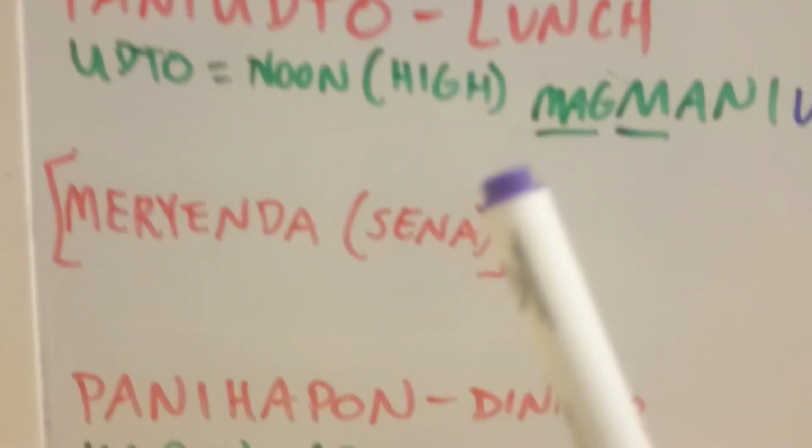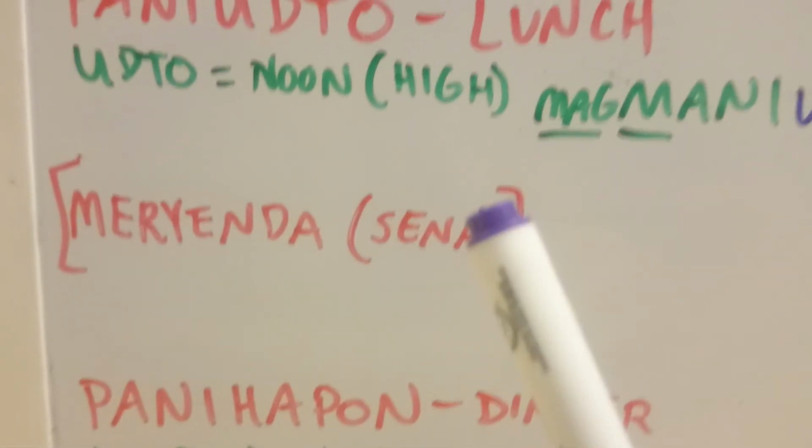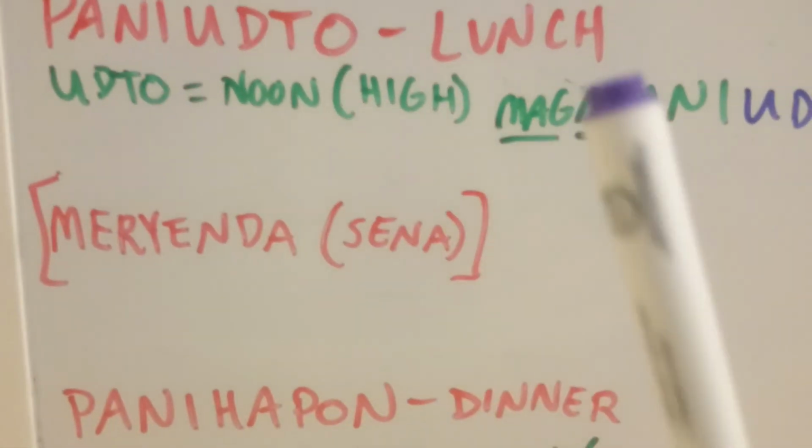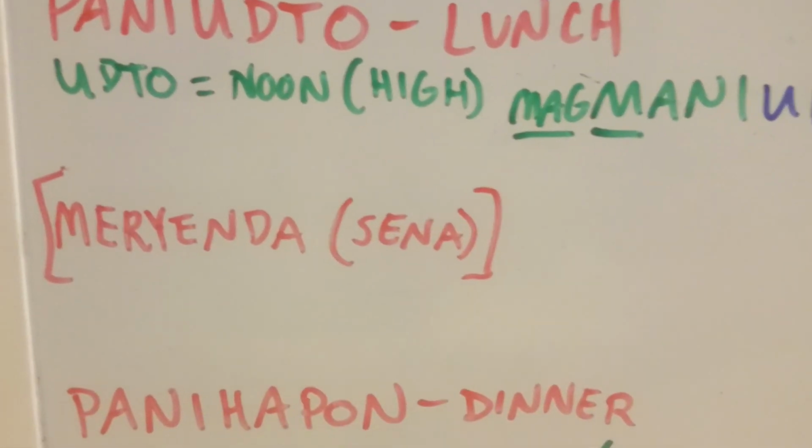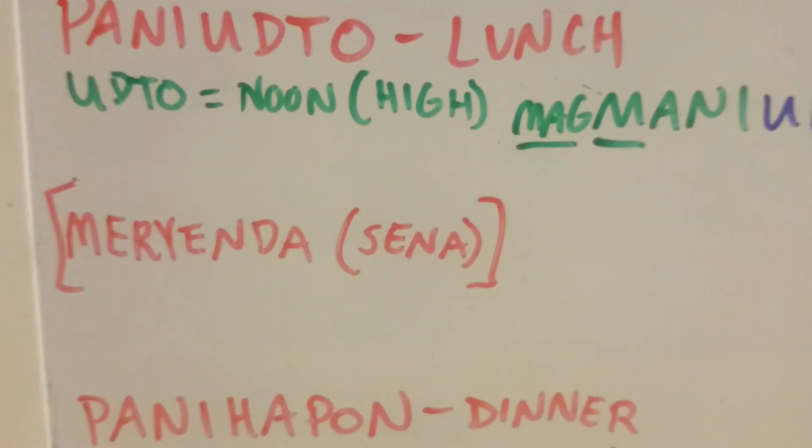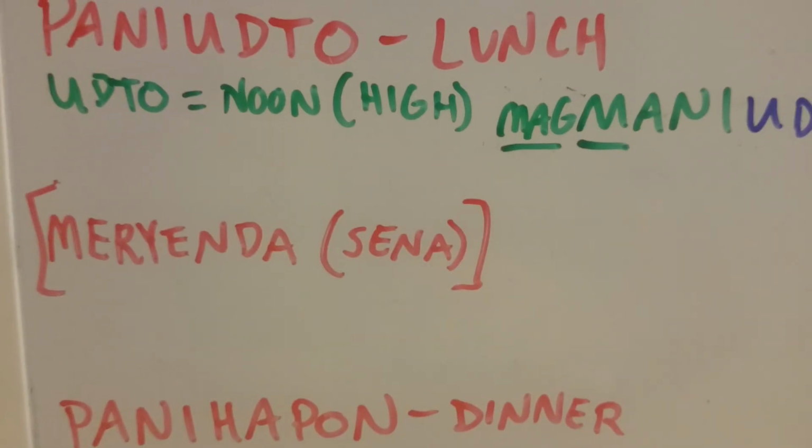Merienda cena is a little snack that you eat between lunch and dinner. Some Filipinos do this, some Filipinos don't. I was raised traditionally to have this one done. Merienda is just a slight snack before supper or after lunch.